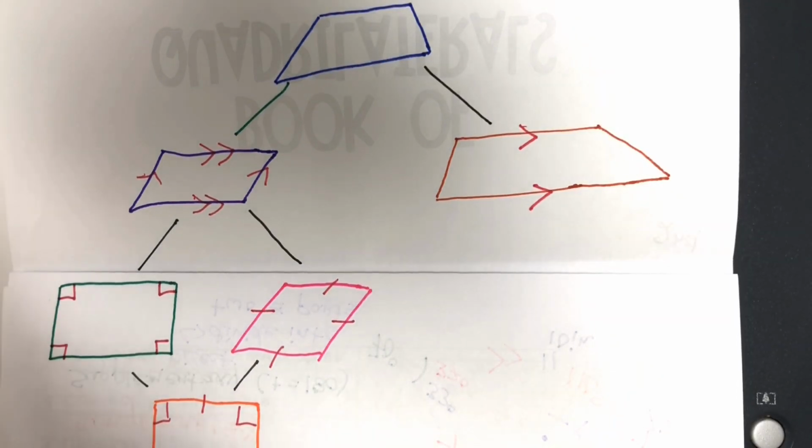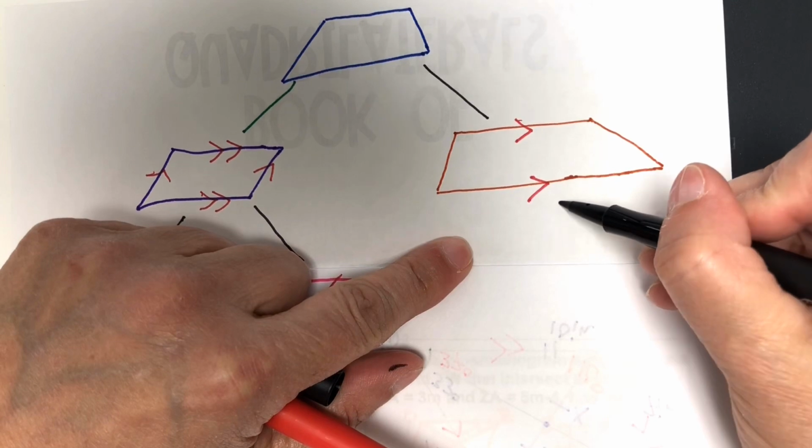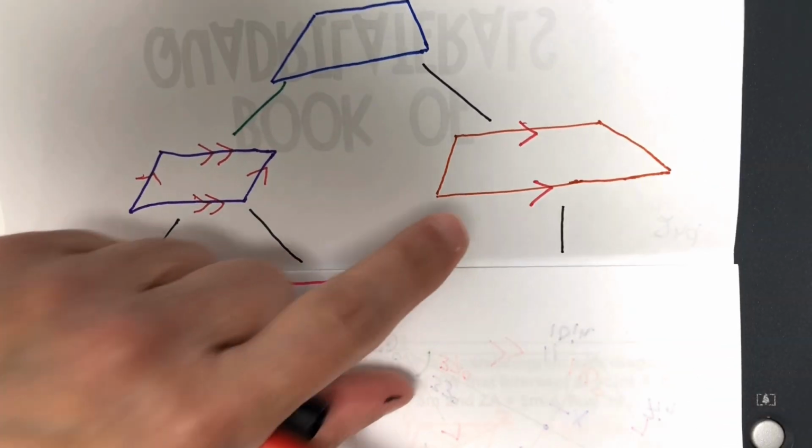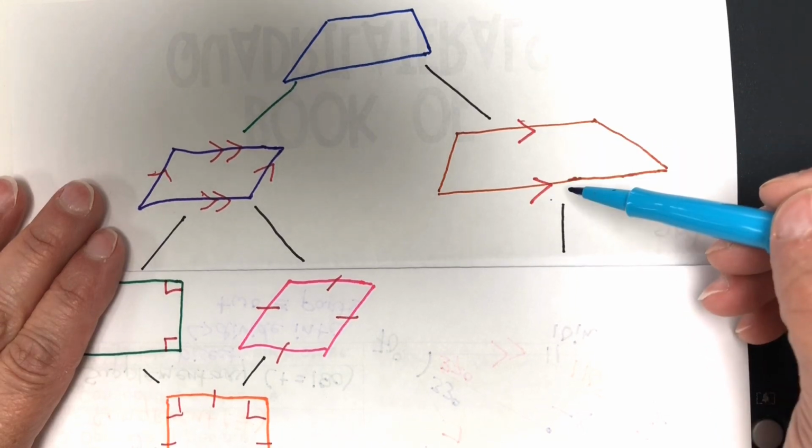And then he also talked about a special kind of trapezoid, an isosceles trapezoid. And hopefully you remember what an isosceles triangle is. Isosceles triangle is a triangle in which two sides are congruent. Now, in a trapezoid, these two sides can't be congruent.